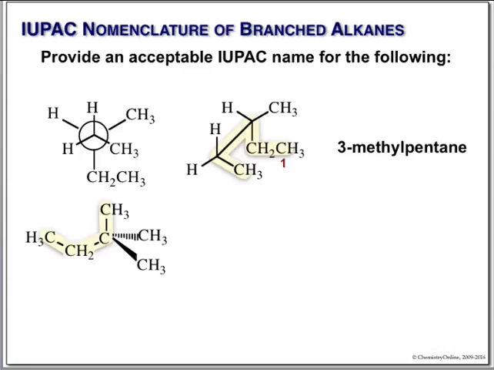This will be carbon 1, this is carbon 2, 2 methyls on carbon 2, 2,2 dimethyl butane. Butane is our 4-carbon parent, 1, 2, 3, 4. Now, again, I could have made any of these carbons number 1. Doesn't matter, they're all the same.